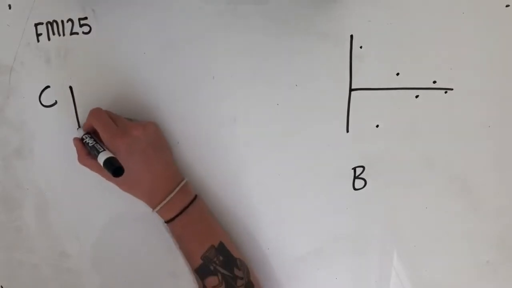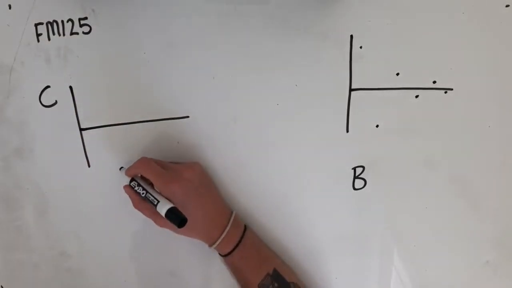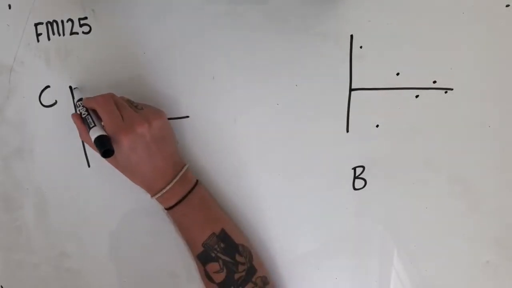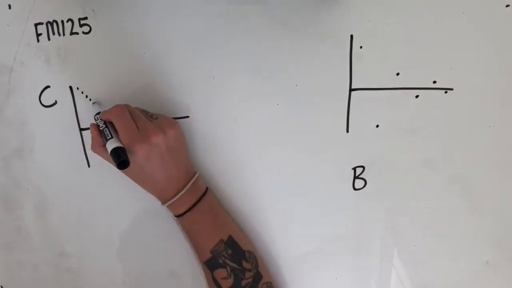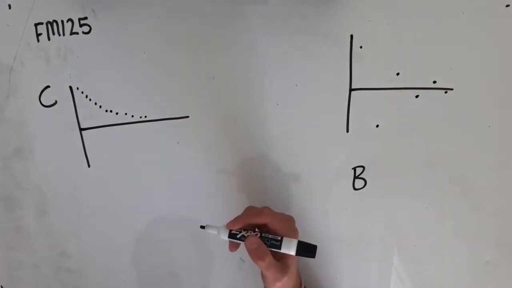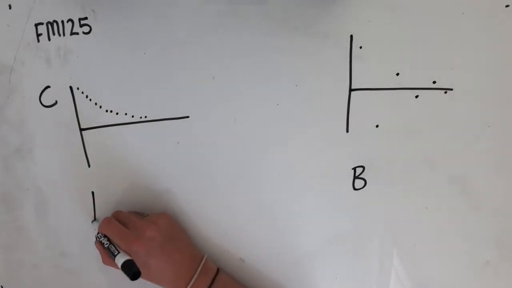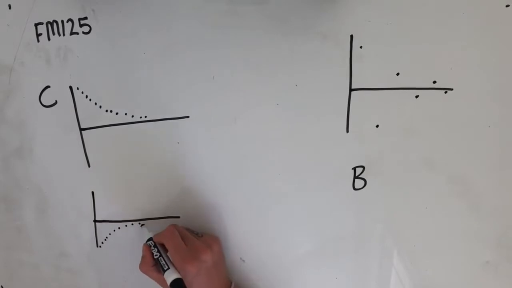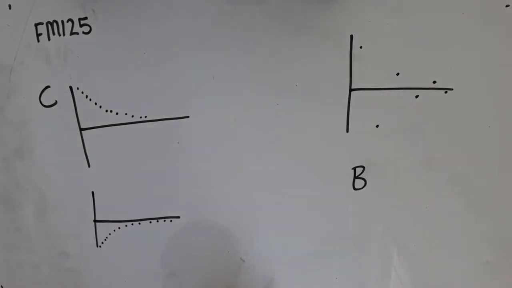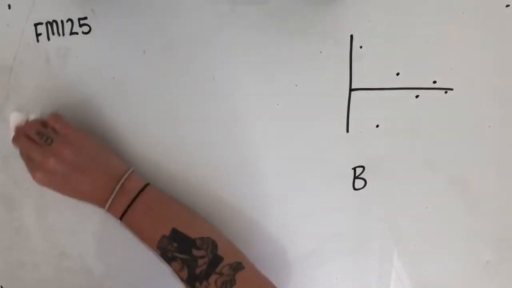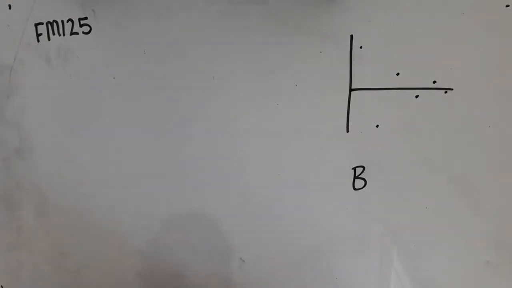Very similar to what we just talked about, except now it's between 0 and 1, which means it's going to be getting smaller, but because it's not negative, we're going to be getting either smaller like that, or if it's a negative number that we're starting with, it's going to be getting smaller like this. Those are our two options there, and neither of those looks like our potential answer. So C doesn't look like it's one of our answers either.